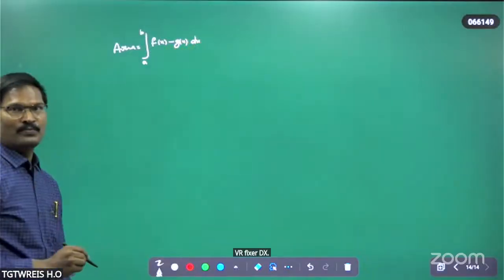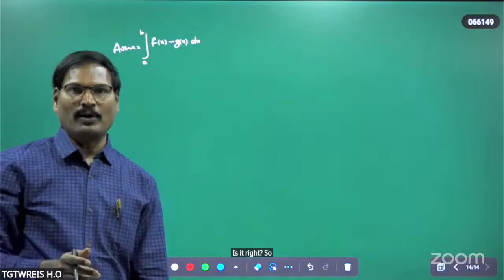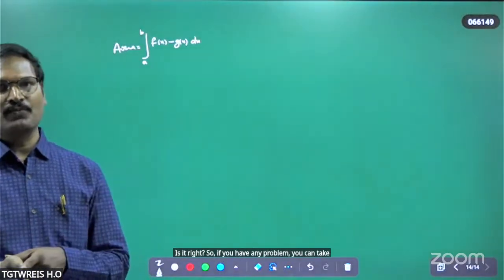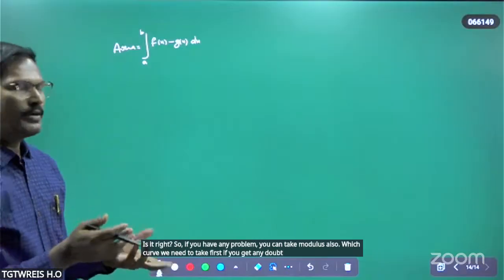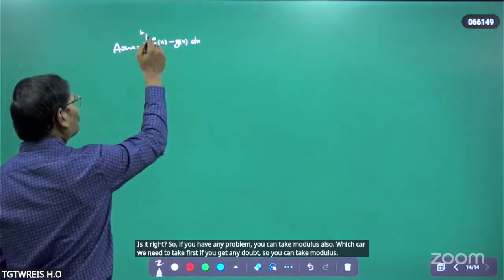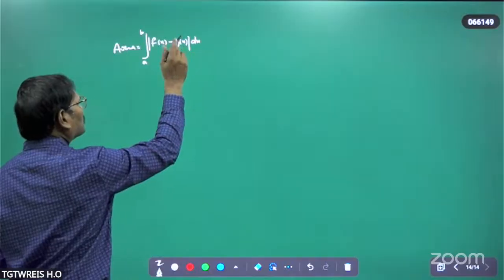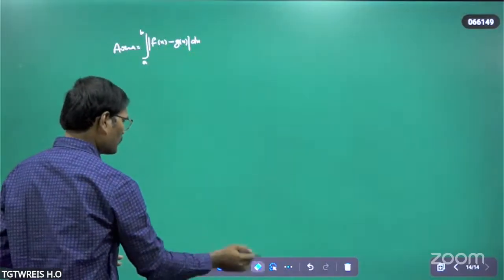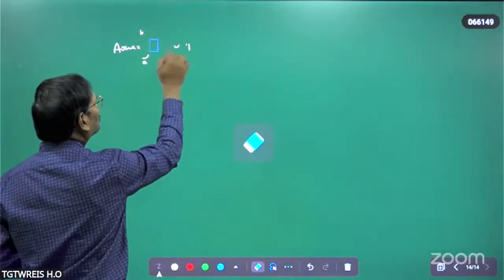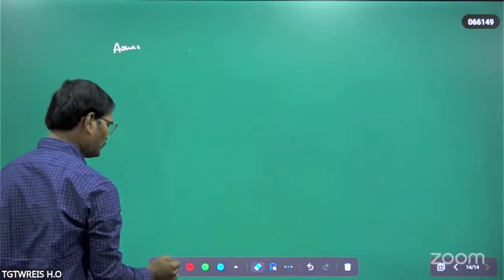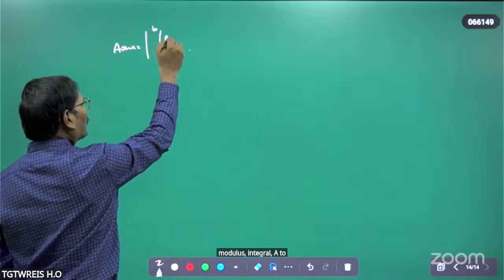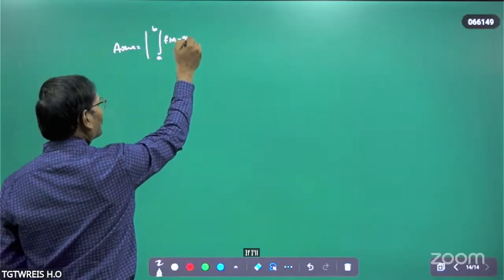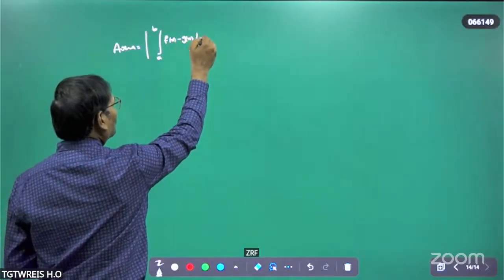Is it right? If you have any doubt about which curve to take first, you can take the modulus also: modulus of integral a to b of f(x) minus g(x) dx.